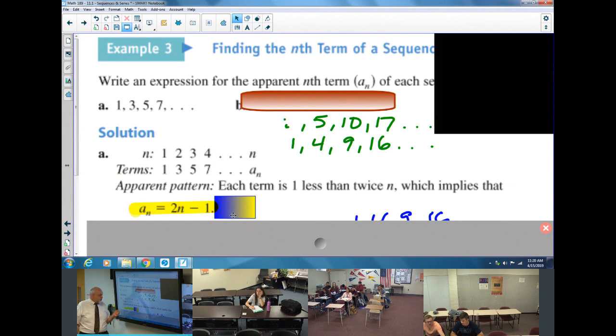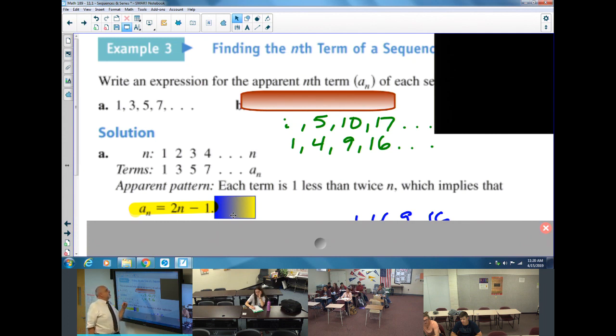So whatever the difference is, that's the number that goes in front of the n. And then you add or subtract a number to make it fit. Why can't you just do n plus 2? Well, when n is 1, n plus 2 is 3, but we want the first term to be 1.